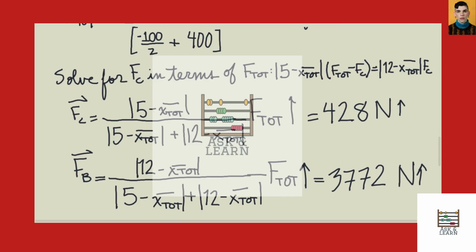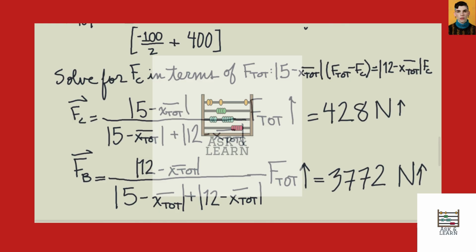The value of the difference between the location of support B, which is at 5, minus the centroid, and that's divided by this denominator, which is the sum of the two moment arms about the centroid.